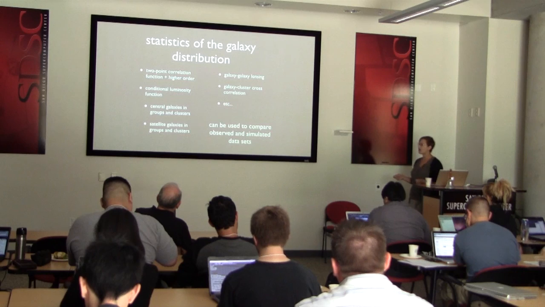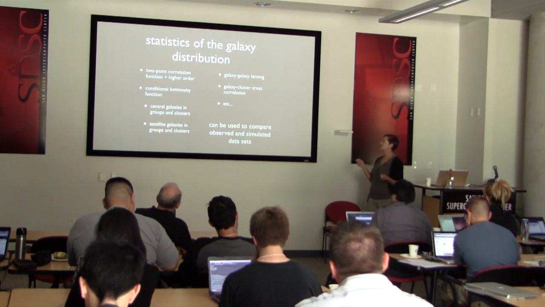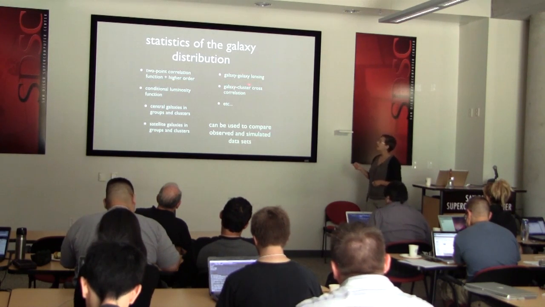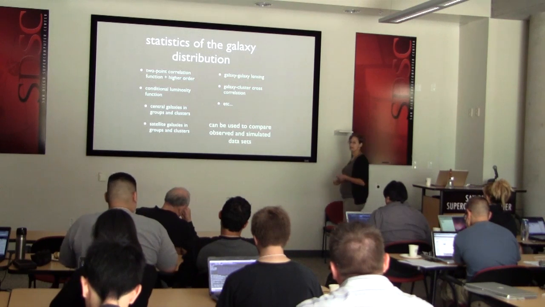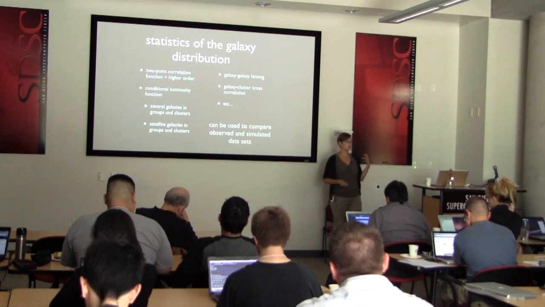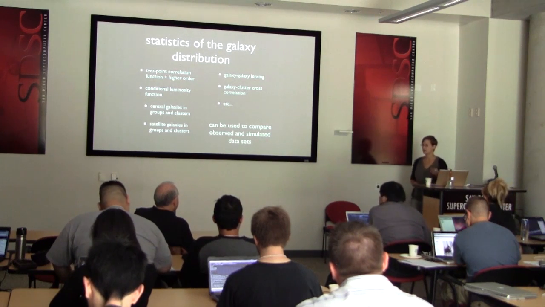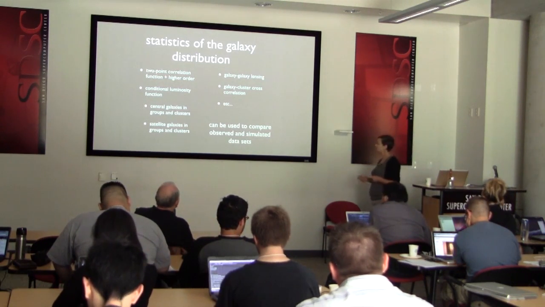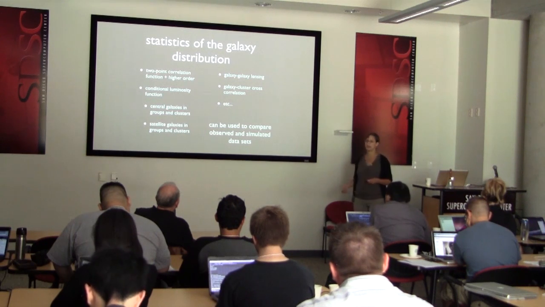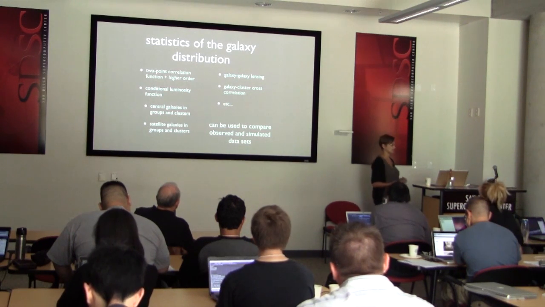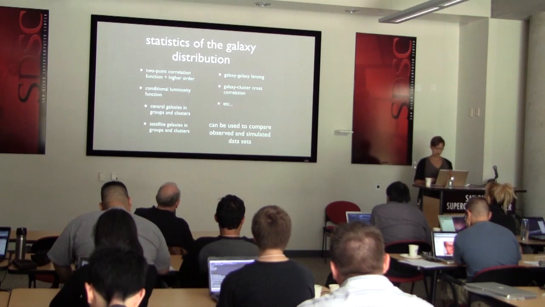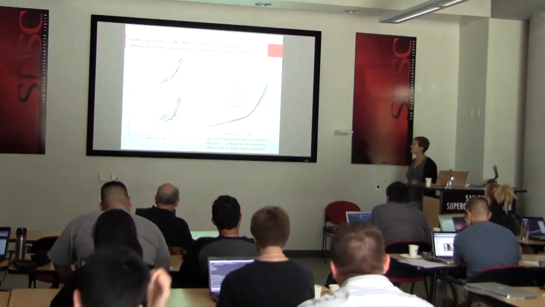You can look at the cross-correlation between galaxies and clusters. You can look at galaxy-galaxy lensing, which then actually provides some direct information about the mass distribution. And all of these can be used to compare observed and simulated data sets, and various people have efforts towards that. So I'll mention a few of these.